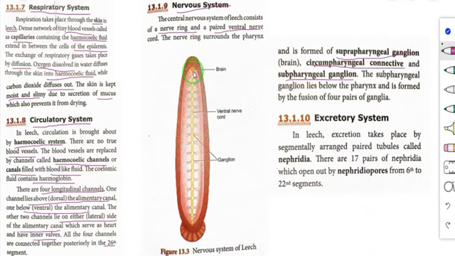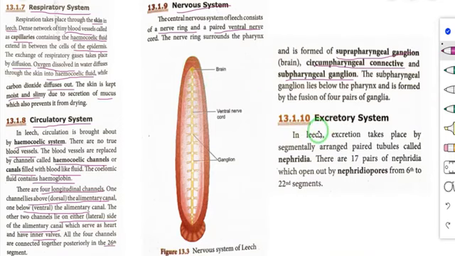So that is the subpharyngeal ganglion, located below the pharynx and formed by the fusion of 4 pairs of ganglia, like this: 1, 2, 3, 4.